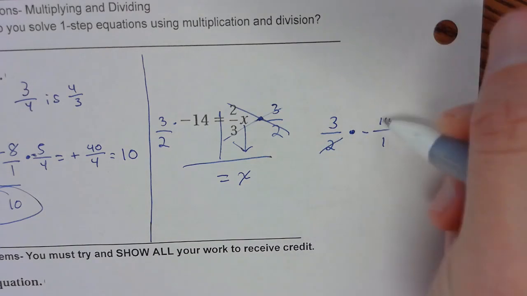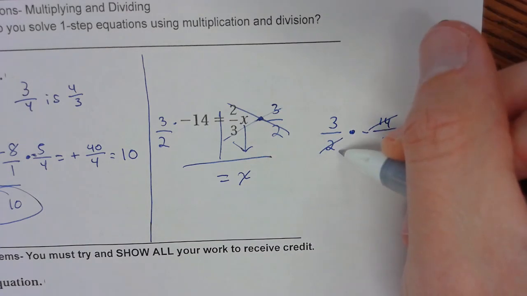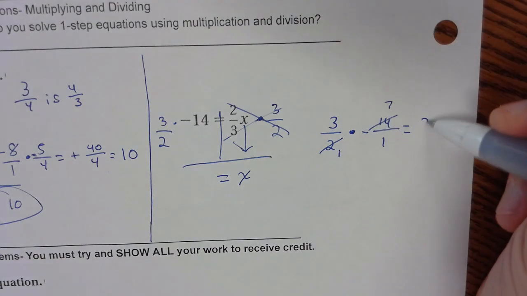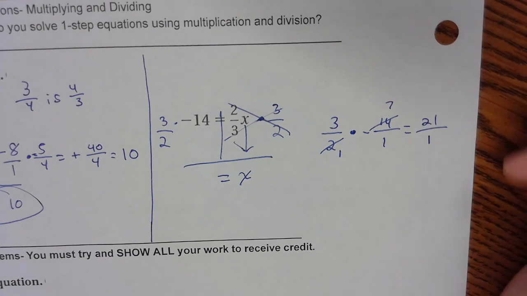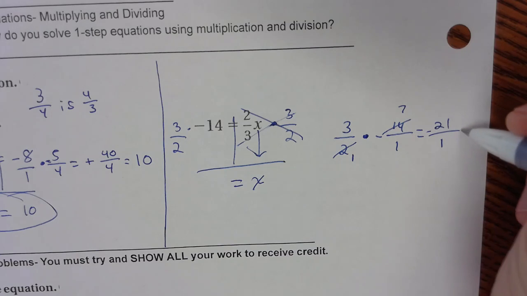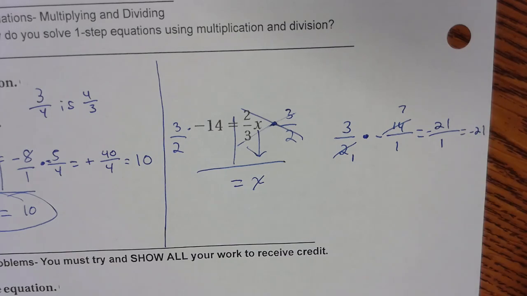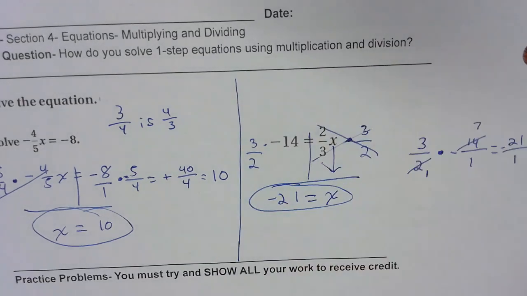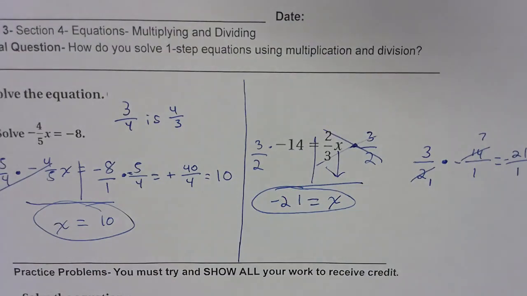And I can cross cancel here. 2 goes into 14 7 times. 2 goes into 2 one time. 3 times 7 is 21. 1 times 1 is 1. A positive times a negative is a negative. Negative 21 over 1 is the same as negative 21. So negative 21 equals x, or x equals negative 21.